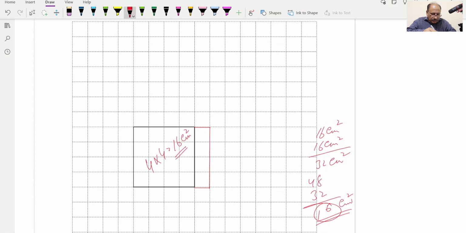Similarly on each side, the box has 4 sides, so the base and 2 sides we had drawn. Now the third side also we can draw like this, so this will be our third side, and the fourth side we can also draw 1 centimeter by 4 centimeter.